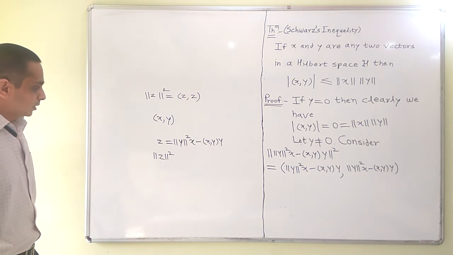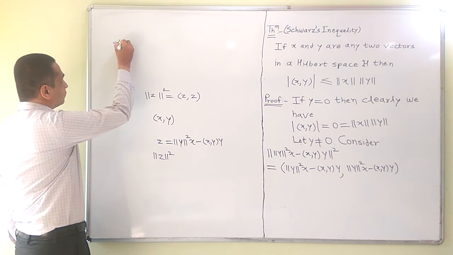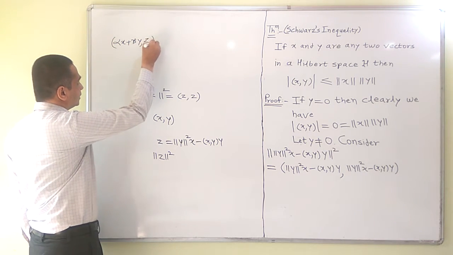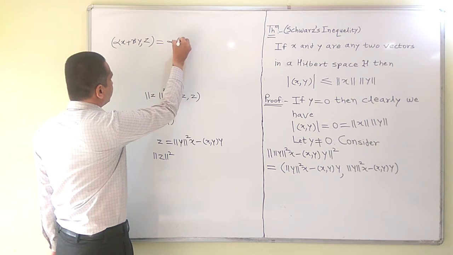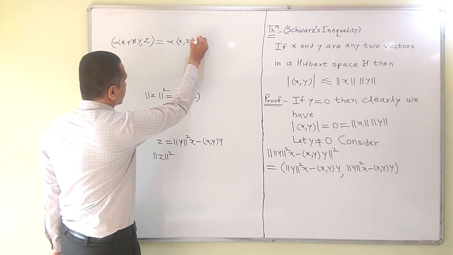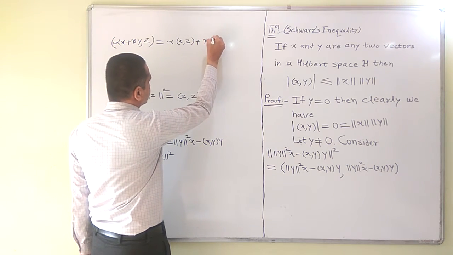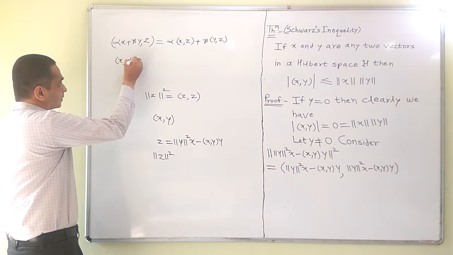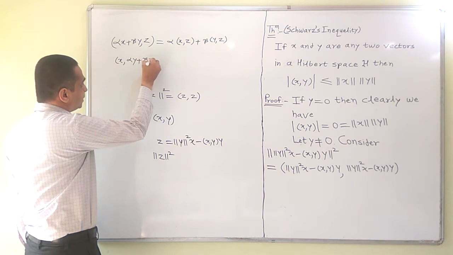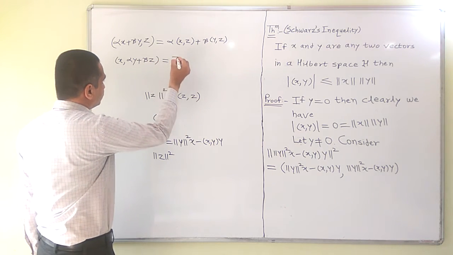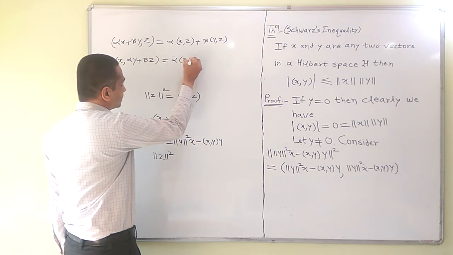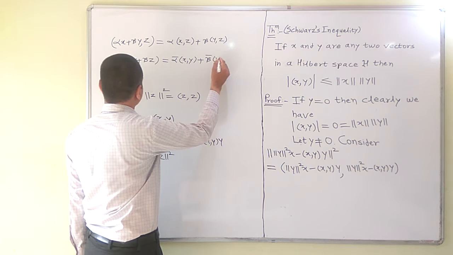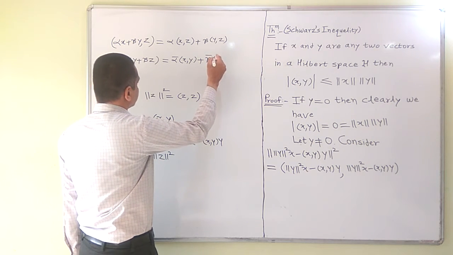Simplify this. So remember two properties for inner product. First, the inner product of alpha x plus beta y with z is always equal to alpha times inner product xz plus beta times inner product yz, and secondly, the inner product of x with alpha y plus beta z always equals alpha conjugate inner product xy plus beta conjugate inner product xz.